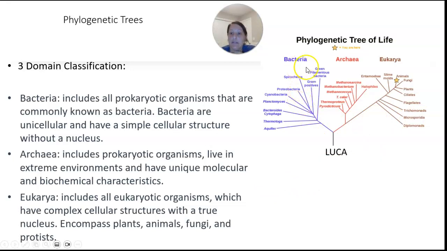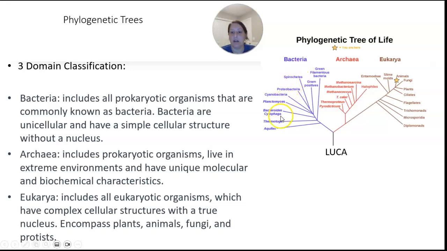And so when we look at this tree, I've lost my cursor, there it is, we can see 3 different what we call domains. And we're going to get into the domain system in just a second. But there are 3 major groups, or we can call them taxa, or we can say domains, on our planet. And so all living organisms on the planet fall into one of these 3 categories. Organisms are either bacteria, and you've heard of bacteria.